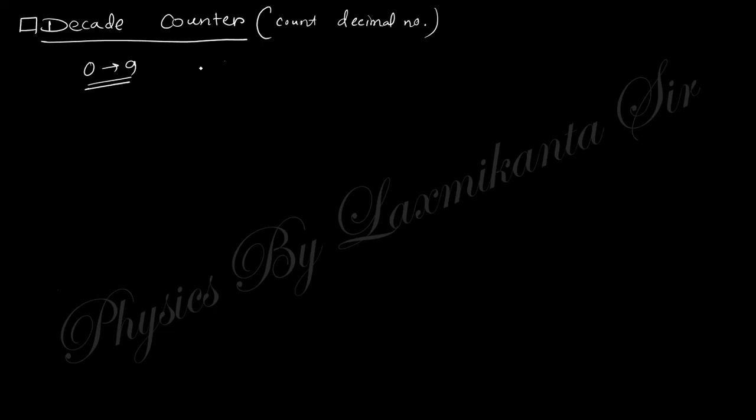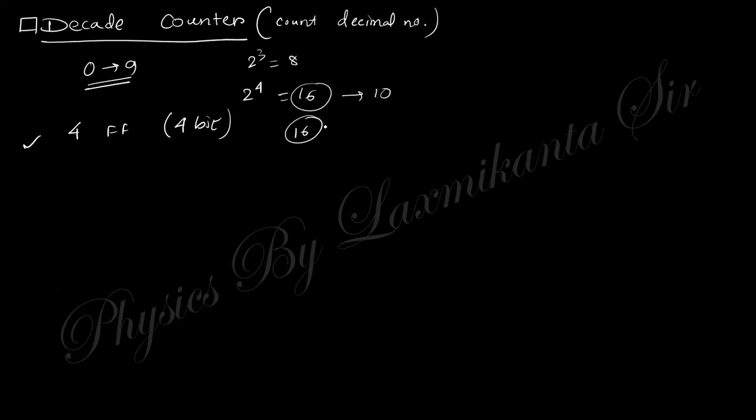For 2 to the power 3 you get only 8, so now you need 2 to the power 4, which is 16. But you do not take 16, you take only 10. So here you need 4 flip-flops, that is 4 bits. There are 16 states, but only 10 states are required.